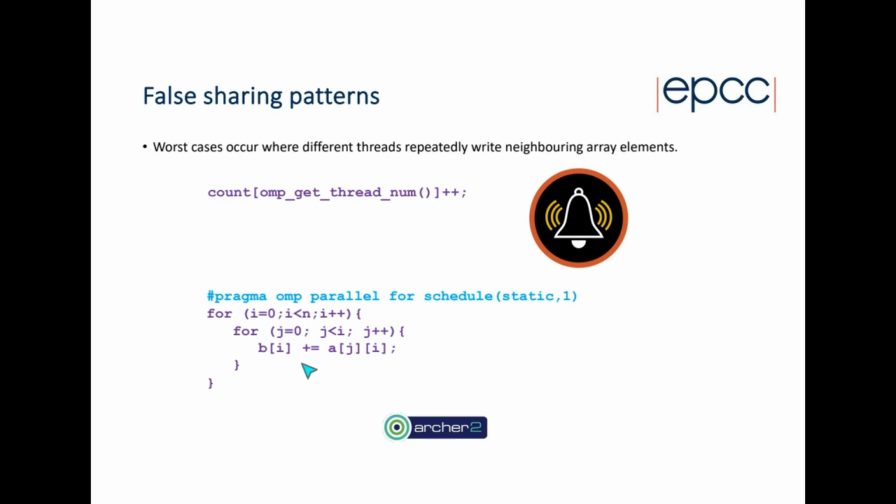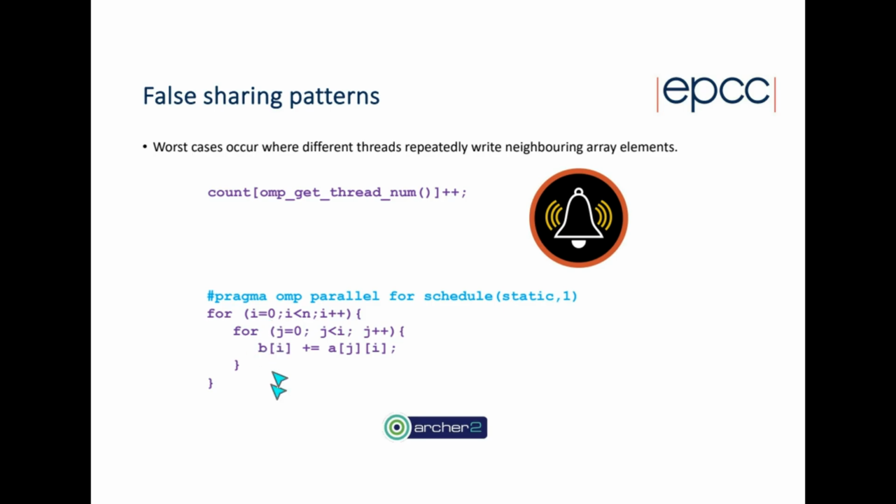But it can happen in other cases as well. Again, if I have one of these triangular loop nests, in this case the parallel loop is writing into neighboring elements of an array.